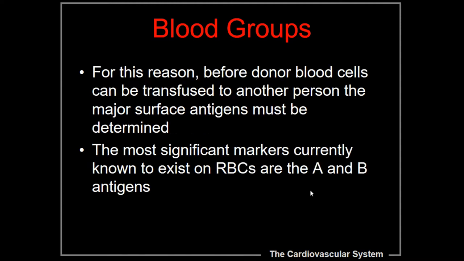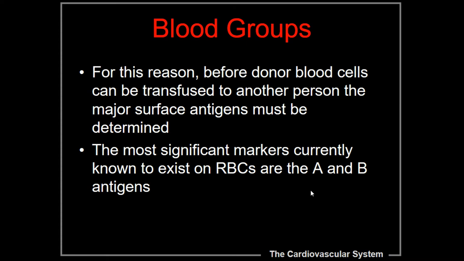For this reason, before donor blood cells can be transfused to another person, the major surface antigens must be determined. So the individual is going to have either A antigens or B antigens, or both, or have neither, and that will determine their blood type.